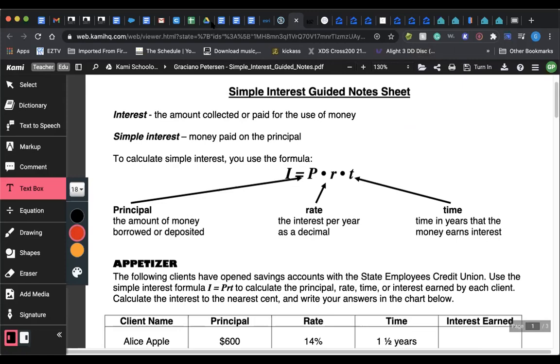Credit cards, good. A loan, very good. All right. So you'd have to pay interest anytime you have credit cards or a loan. Very good. What about when's the time that you would earn interest? How do you earn interest?